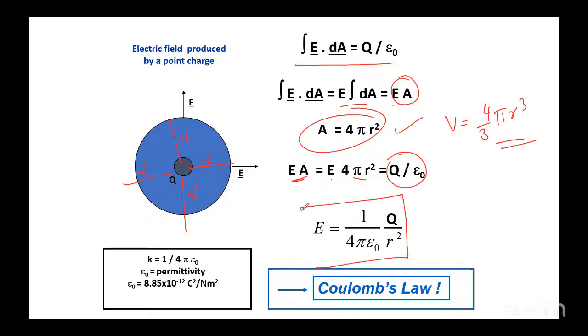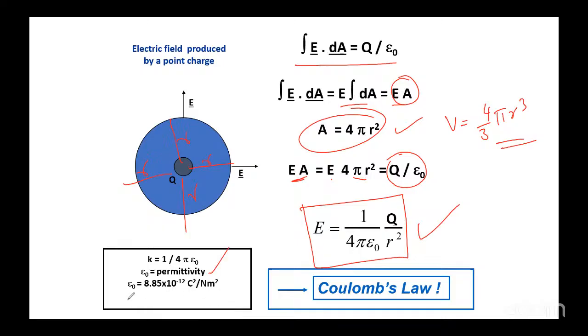What is it? The electric field value. Here 1 by 4 pi epsilon naught you can consider as k, so k q by r square.